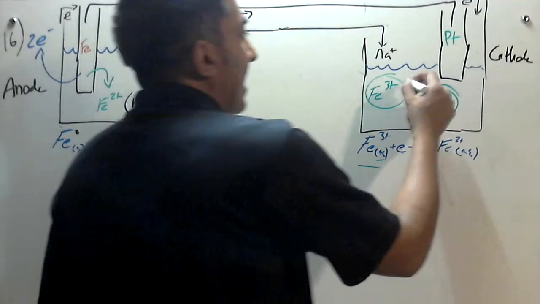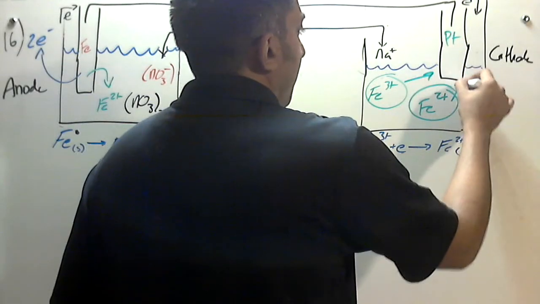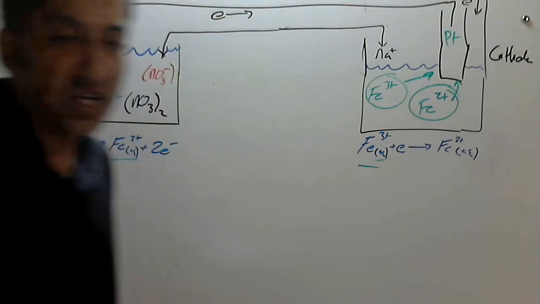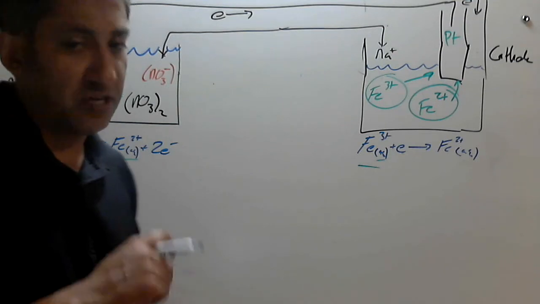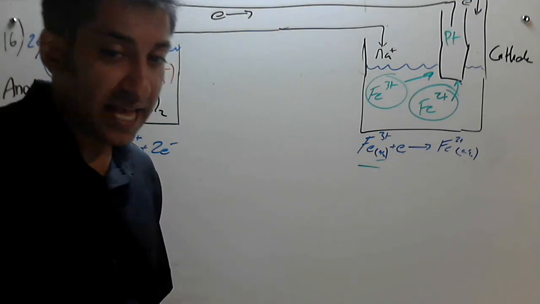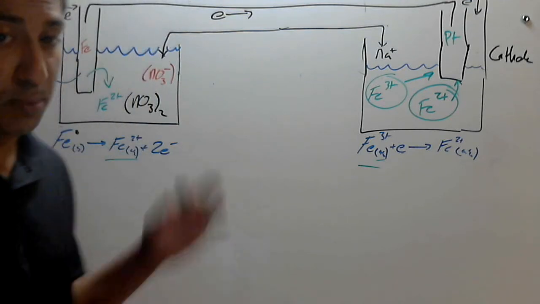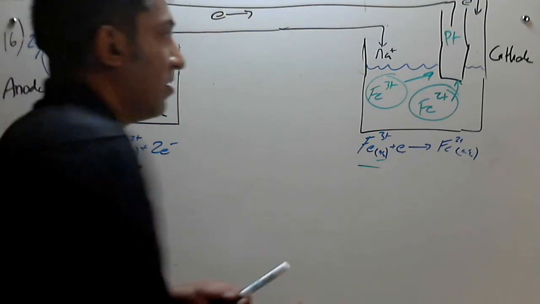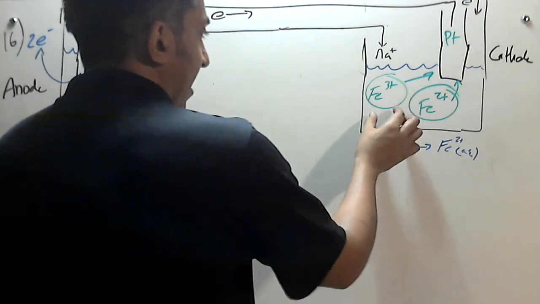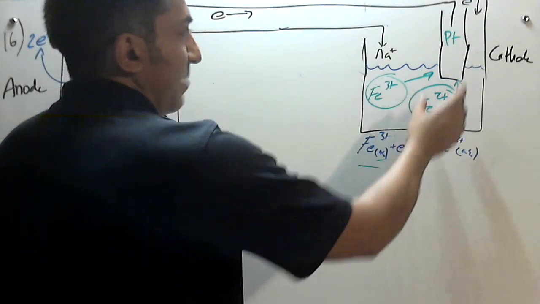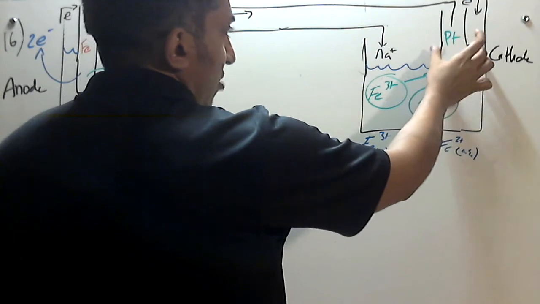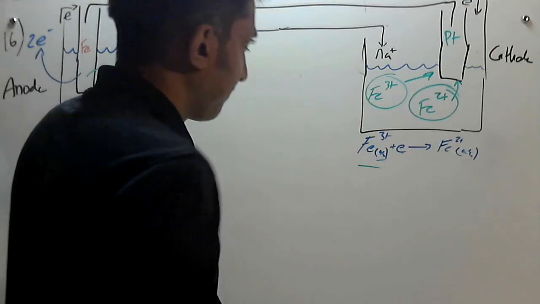They're going to plate this bar. They're going to go onto it and plate it. They're going to do like some sort of chroming, plating, gold plating. That's what we're doing right now. We're plating something. So these iron ions are going to be attracted to this negatively charged cathode.